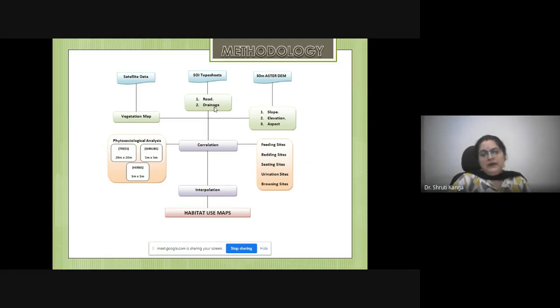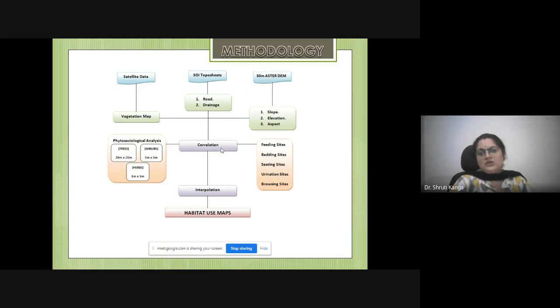And from the satellite data, we have tried to extract topographical information, having the slope, elevation, and aspect. Then, by clubbing all these data, the correlation was calculated based on the phytosociological studies of trees, shrubs, and herbs, where sample plots have been taken for different sizes.